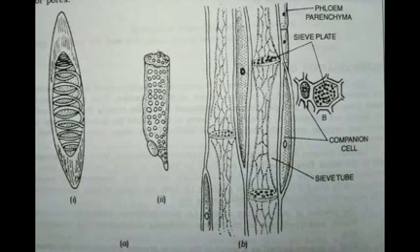Because of this, the osmotic potential of the phloem cells lowers, and as a result, water from the xylem enters the sieve tubes, which are elongated tubular cells placed end to end, having perforated plates in between them.